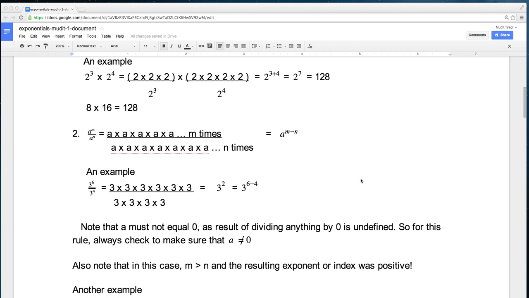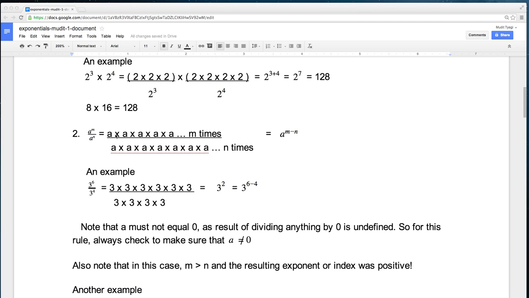Okay, well, let's take a look at what happens if you have a to the m divided by a to the n. Well, once again, what is a to the m? It is a multiplied by itself m times. So another way of saying it is there are m a factors in the product, which is equal to a to the m. And then what's a to the n? Well, it's a multiplied by itself n times.